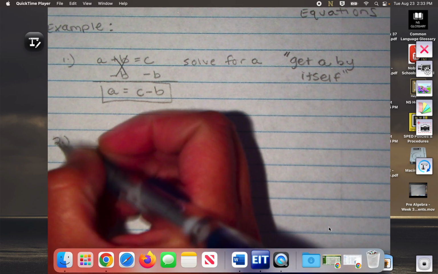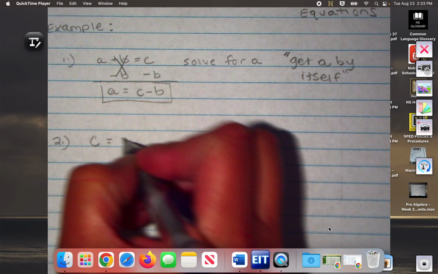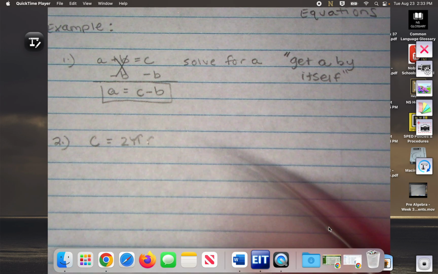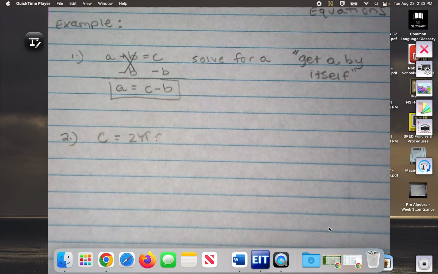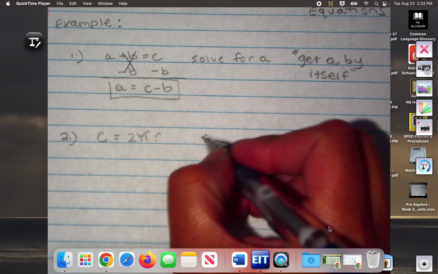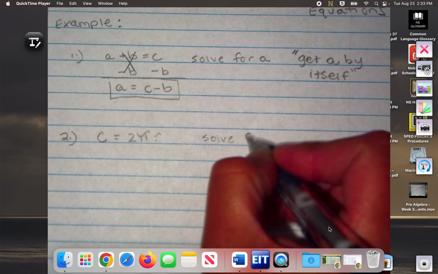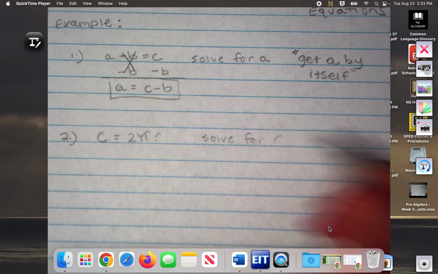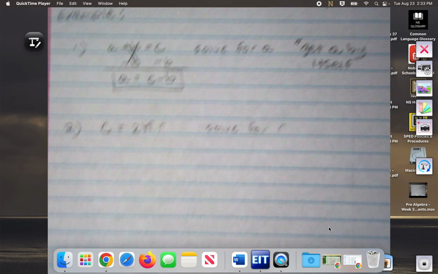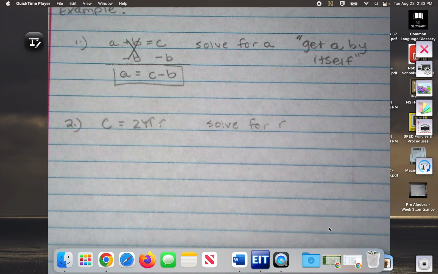If I told you that circumference equals 2 pi r, which it does, right? And I wanted you to solve for r. So how do I get r by itself? What can I do, Mason? You're close. I'm not going to subtract 2 pi. I'm going to do something with that term.